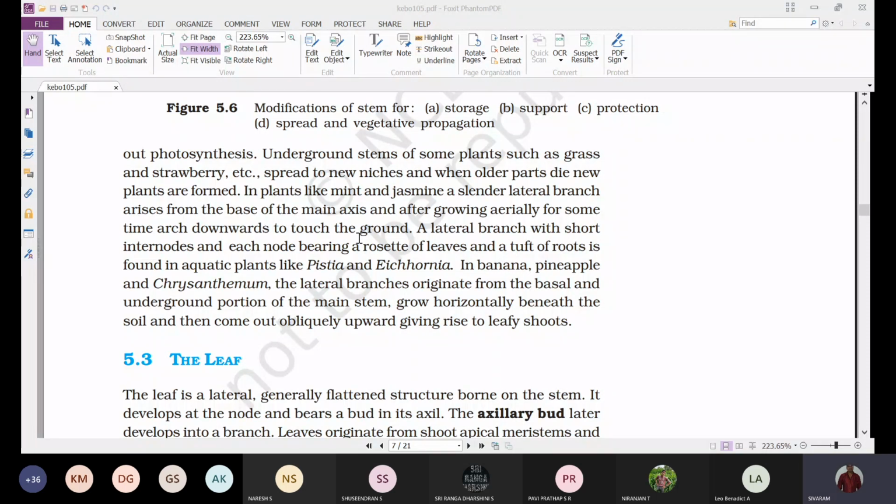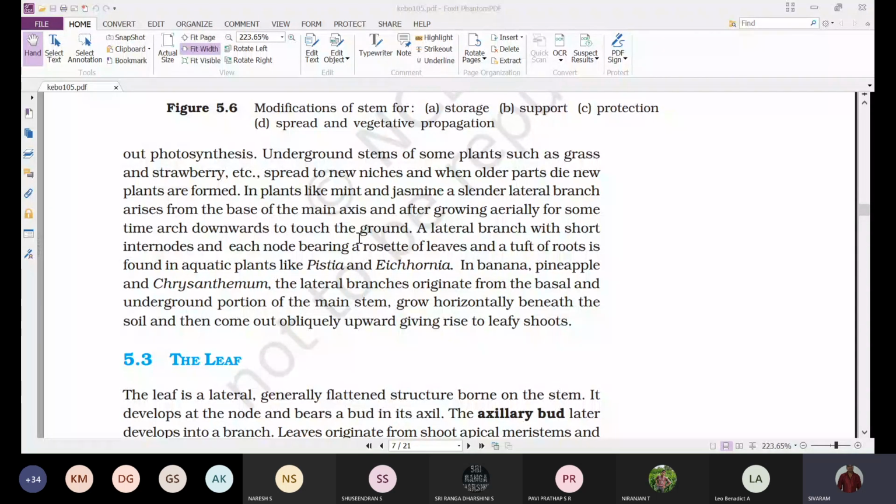This aerial part will develop the shoots, branches, leaves, flowers, and all that. In the later period of time, after developing the shoots, this branch gets detached from the parent plant and develops into a new plant. Such structures we call suckers. Remember this one, sucker, in mint and banana.